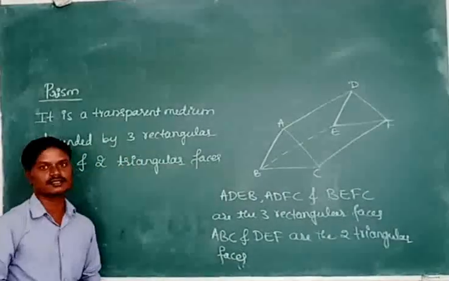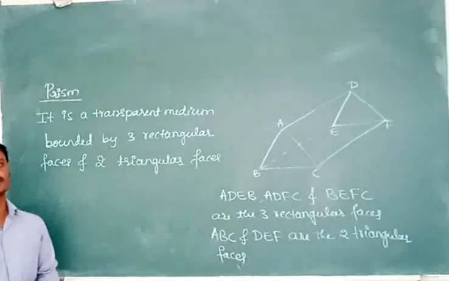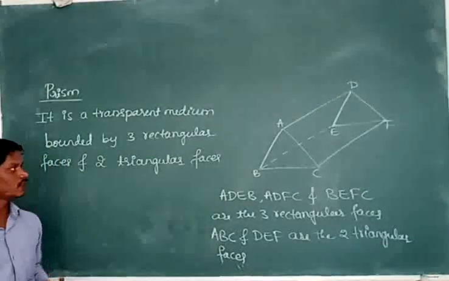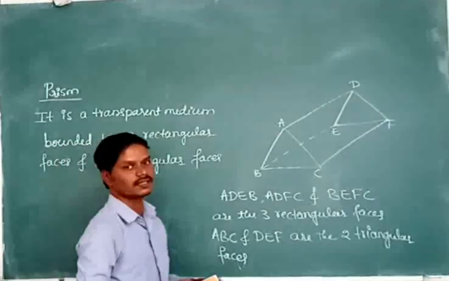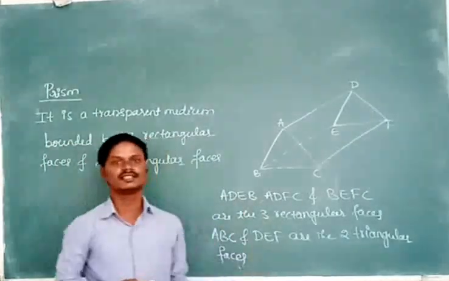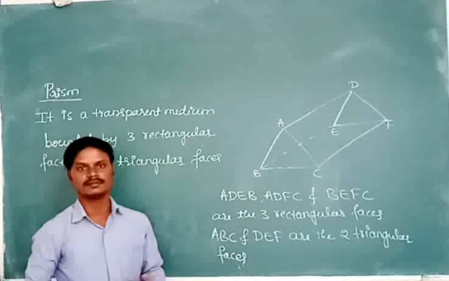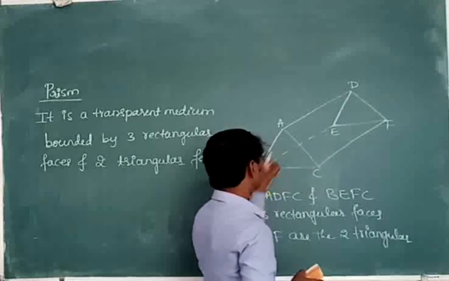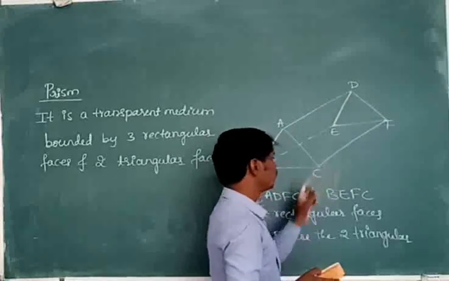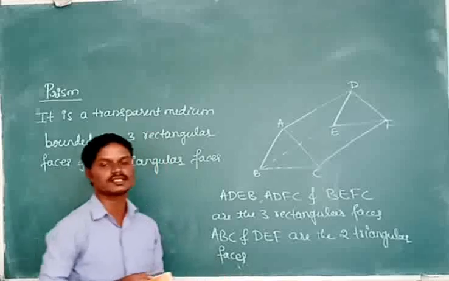Now let us discuss some terms related to the prism. First term is refracting surfaces. How many refracting surfaces do we take while studying the refraction of light by a prism? A, D, E, B and A, D, F, C are taken as refracting surfaces here.